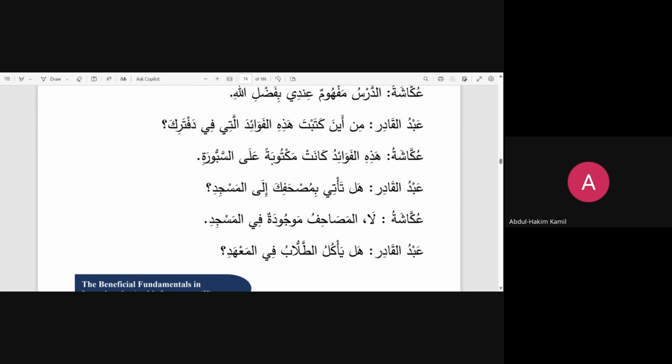Mawjood means it's found there, it's there. Wajada. From mawjood, we know this word mawjood. It means present, it means available. It can be found there.